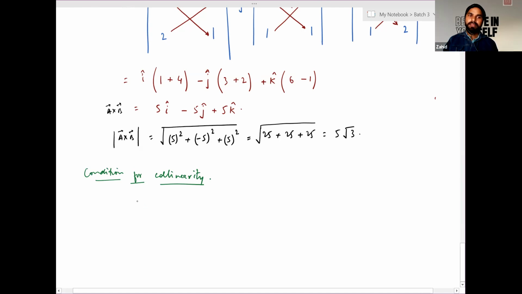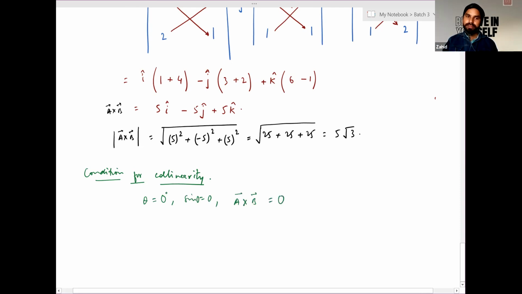So if one vector is coinciding on the other, theta will be 0, for which sine 0 will be 0. So A cross B will be 0.